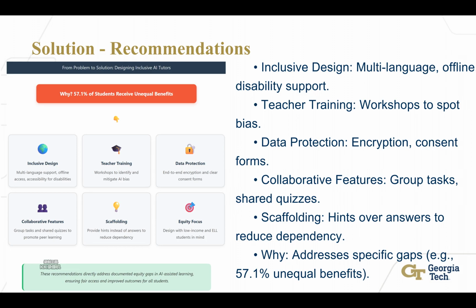Use input and context from families, and include collaborative features like shared quizzes or group tasks. Use scaffolding, giving hints instead of answers, and make these changes, especially for the 57% of students who aren't benefiting equally today.